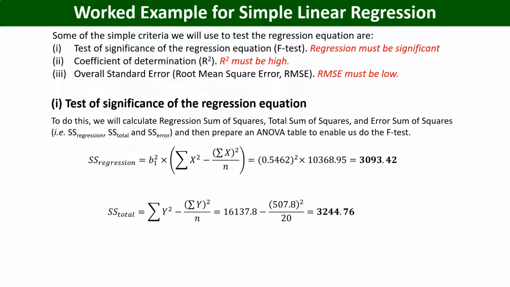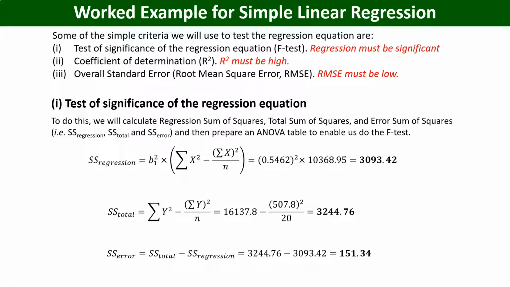So we move on to SS total. The formula is right there: sigma y squared minus (sigma y)squared all over n. And again, the values you are seeing here are from the first video. And when you do the evaluation of this, it gives you 3244.76. Now we move to the last one, which is SS error.